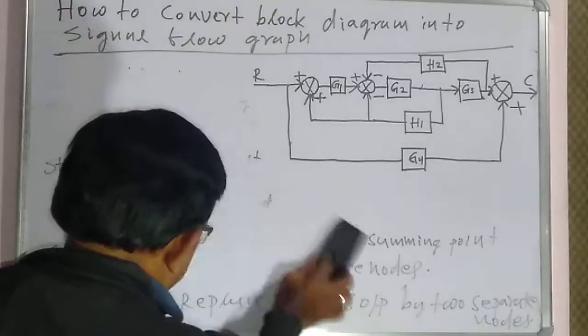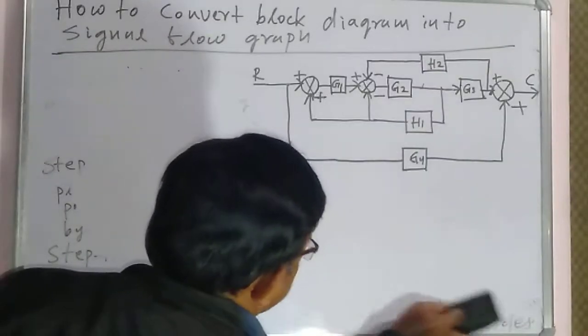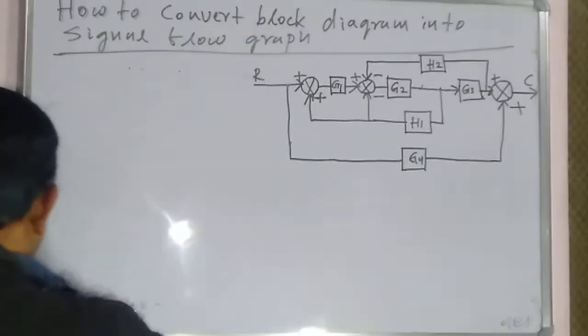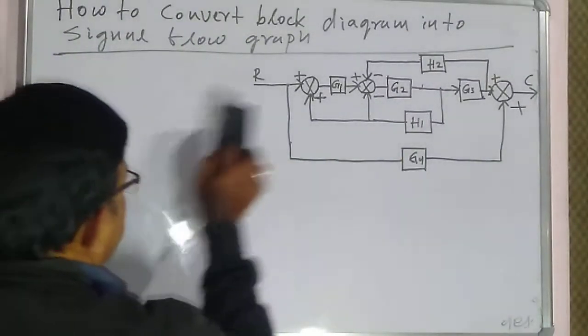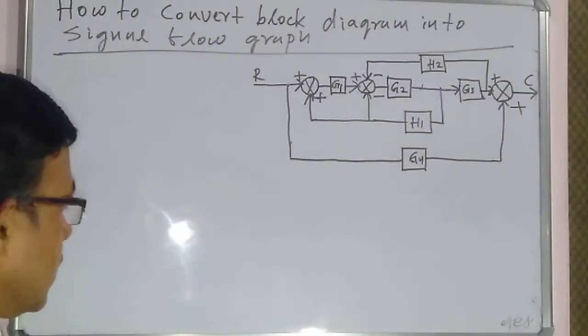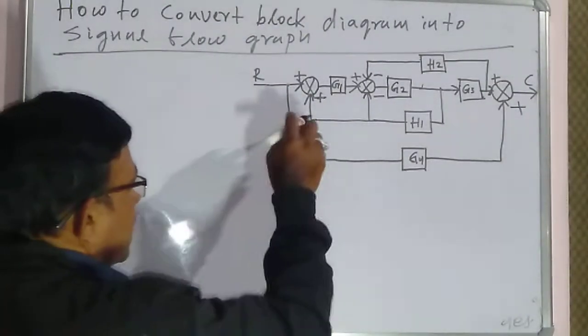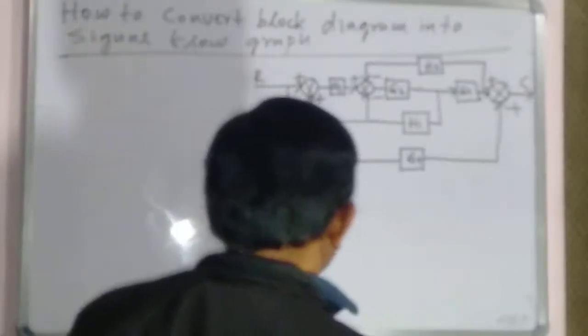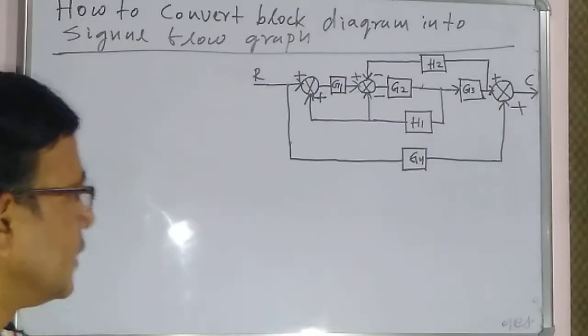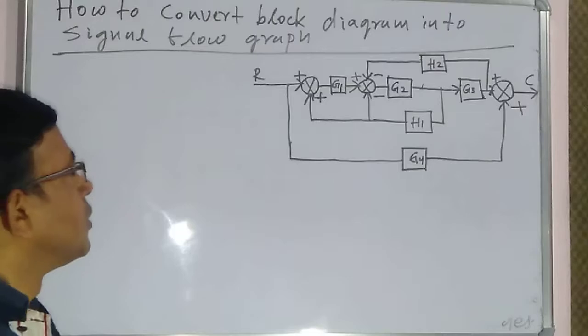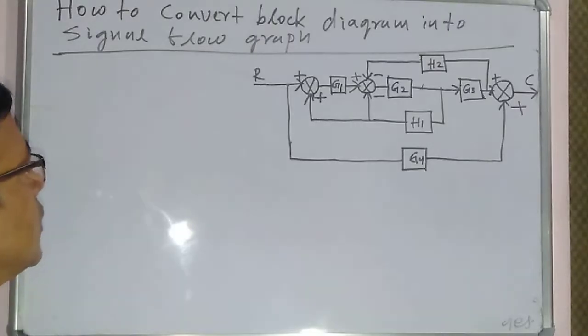So now this is one example. Now we will convert this block diagram to a signal flow graph. Then how can we easily convert this block diagram to a signal flow graph?